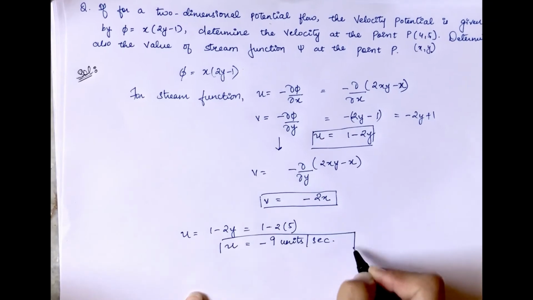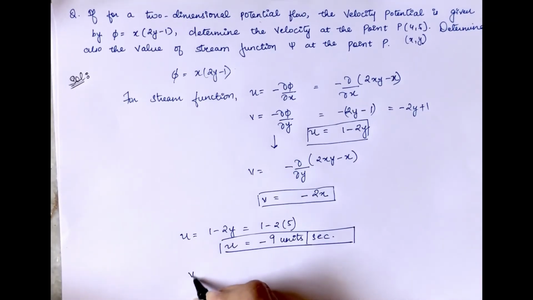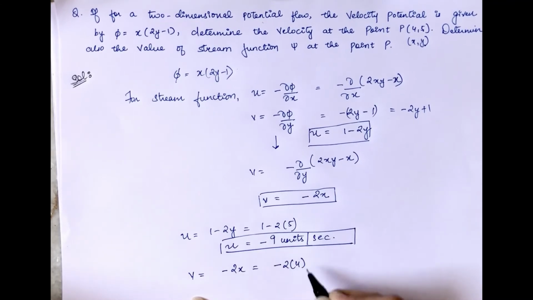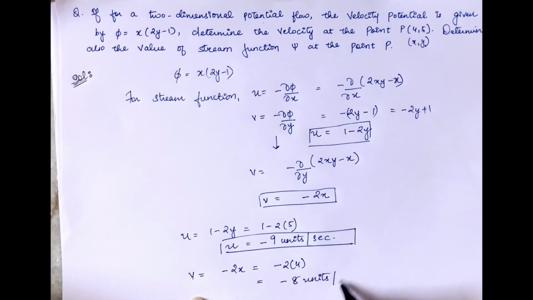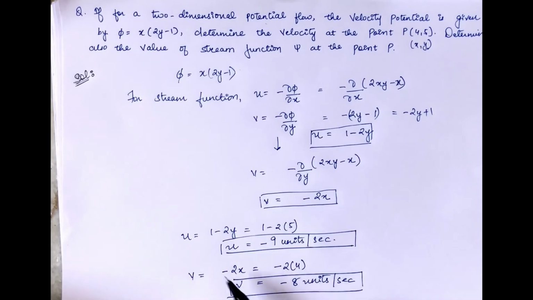That is the value of u. Similarly for v, we have minus 2x, which is minus 2 into 4, so minus 8 units per second. So we got the values of velocity components u and v in x and y direction as minus 9 units per second and minus 8 units per second.